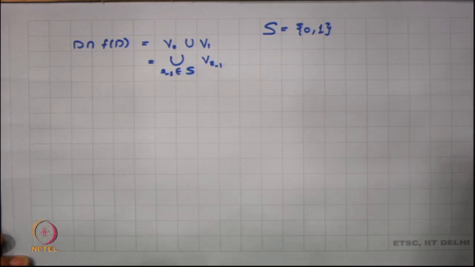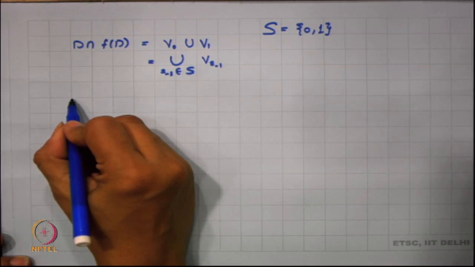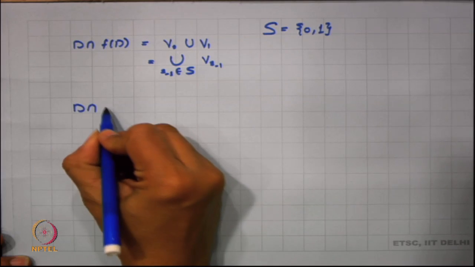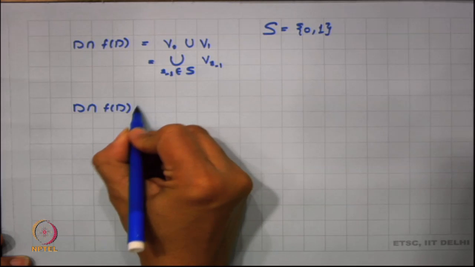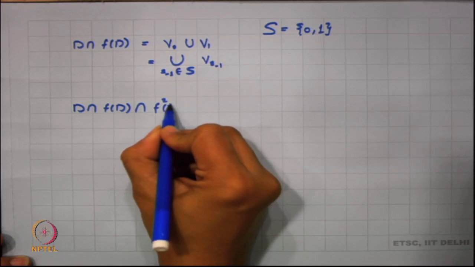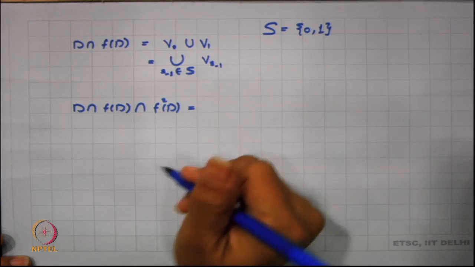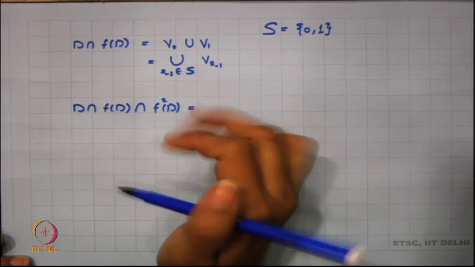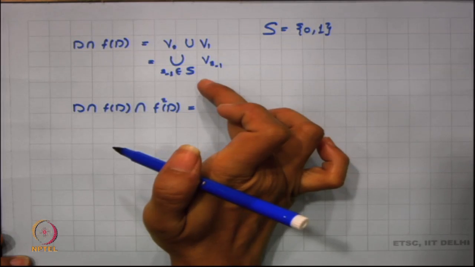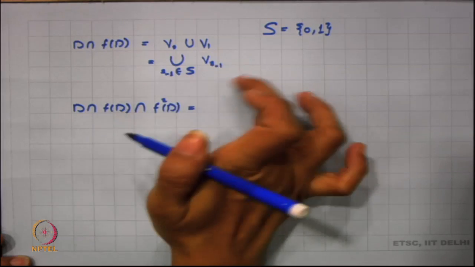Now, we can look into D intersection F of D intersection F square D. If we look into this aspect, I am looking into D intersection F of this part.